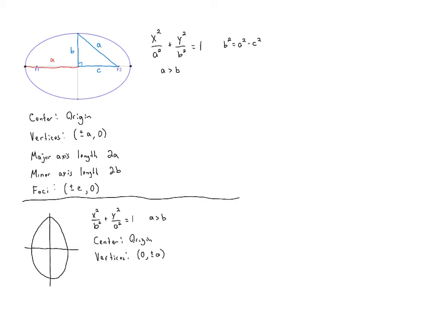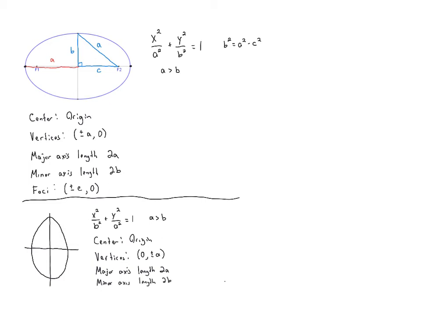And then we still have that the major axis has length 2a. It's just that the major axis is vertical now, and the minor axis has length 2b.